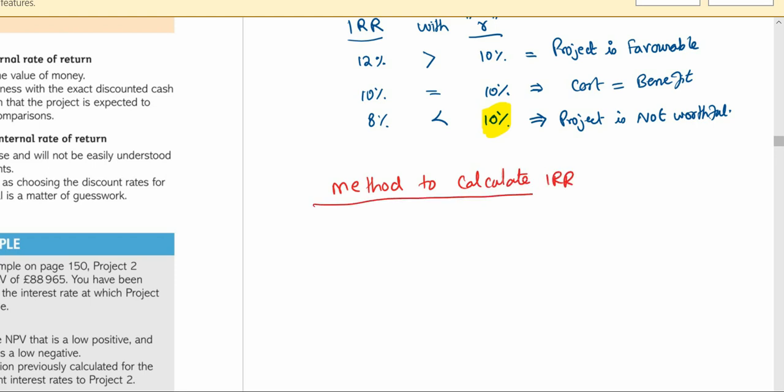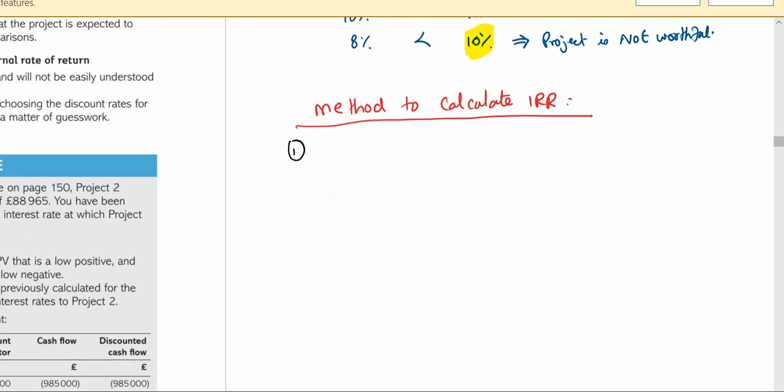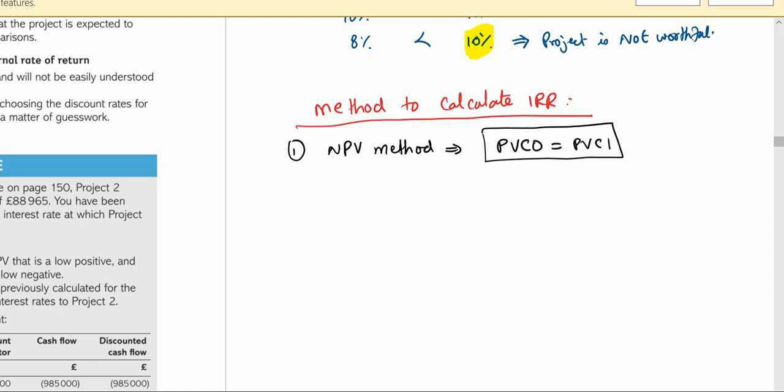Number one, the net present value method, where the present value of cash outflow is equal to the present value of cash inflow, and we find the rate by equating them. Second one is the IRR formula.